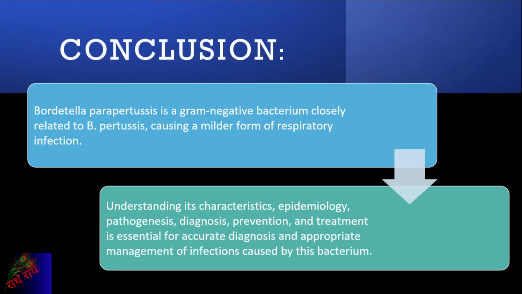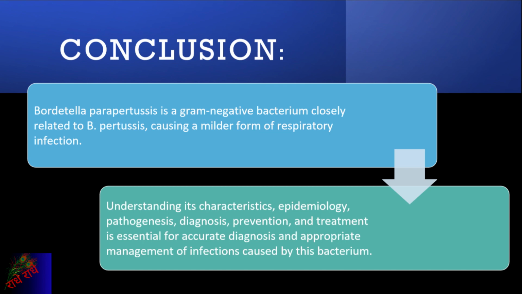Responsible for a milder form of respiratory infection. Understanding its characteristics, epidemiology, pathogenesis, diagnosis, prevention, and treatment is vital for accurate diagnosis and appropriate management of infections caused by this bacterium. Similar to B. pertussis, it affects the respiratory tract, leading to respiratory infections.